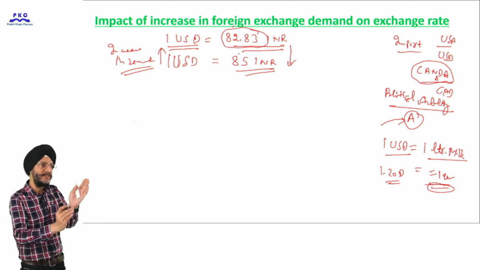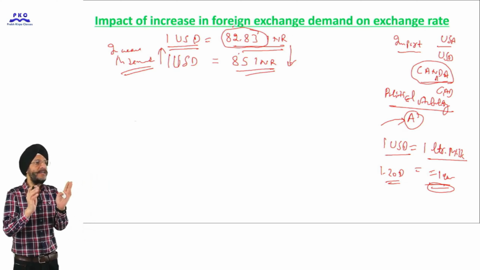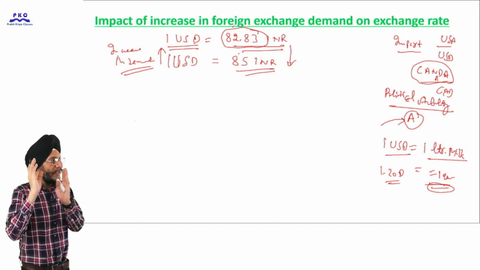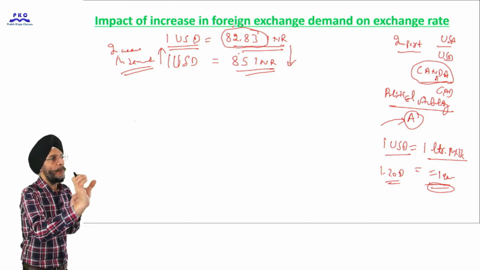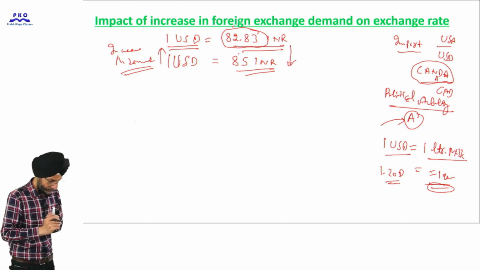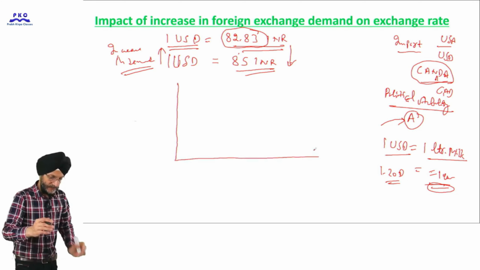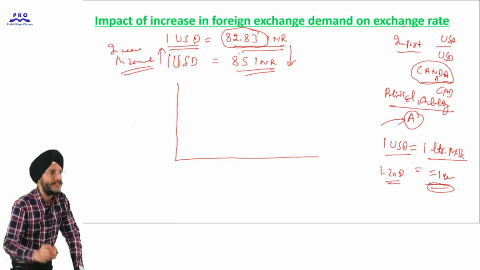On the other hand, the residents of USA will get 85 rupees in return of $1. Now we will understand the impact of increase in foreign exchange demand on exchange rate.